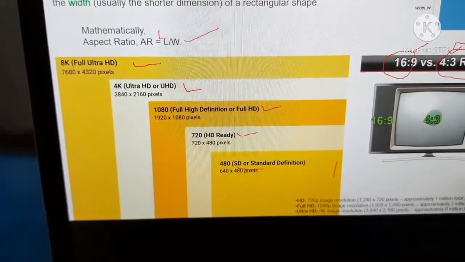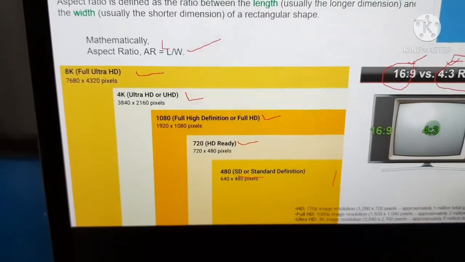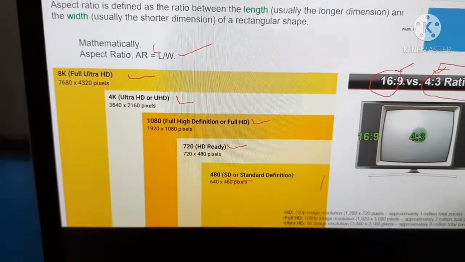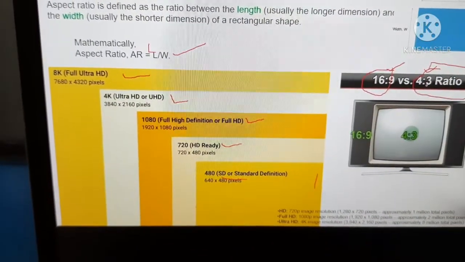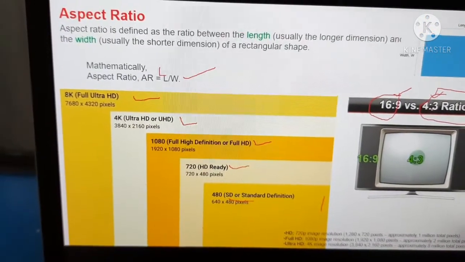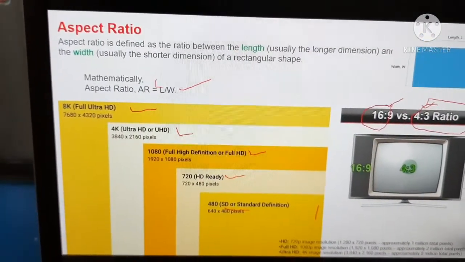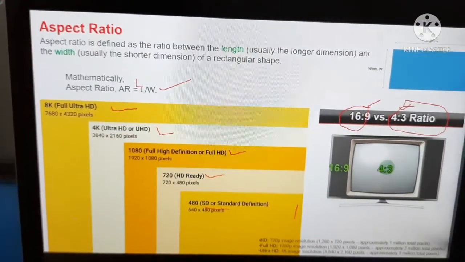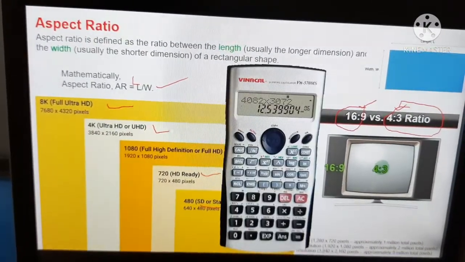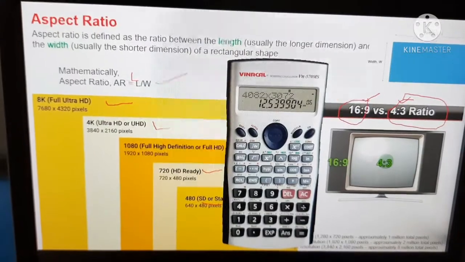Now we will see how we are getting the 16:9 aspect ratio and when you get the 4:3 aspect ratio. We'll do some small calculation for that. I'll bring my calculator again.